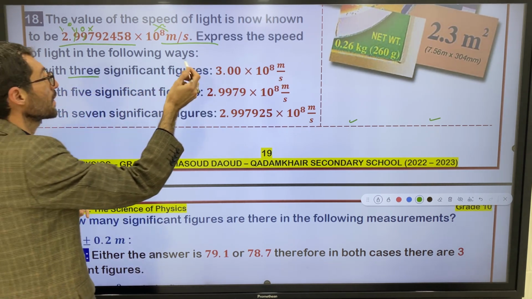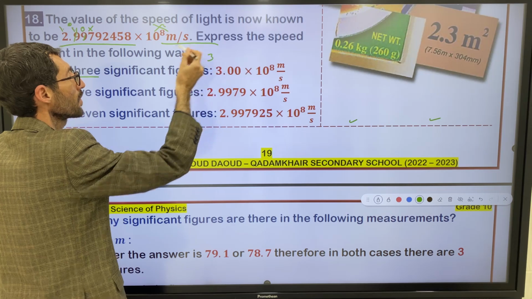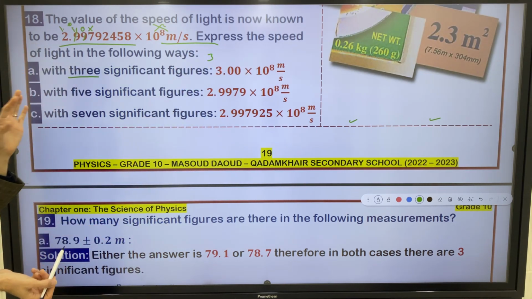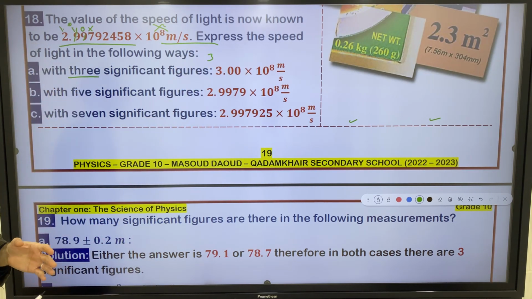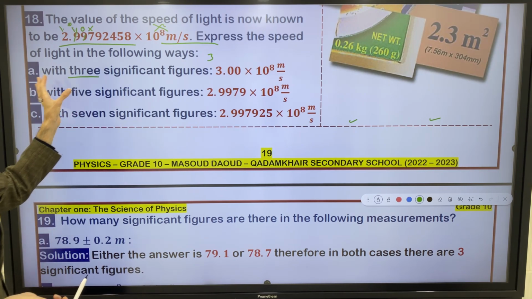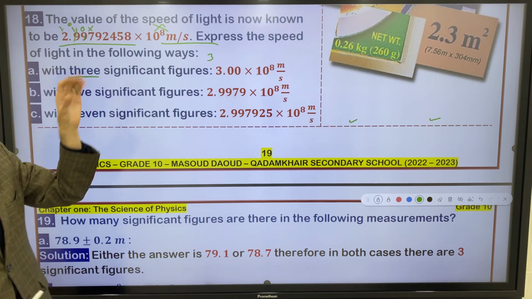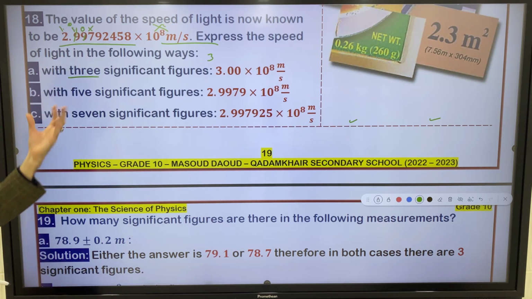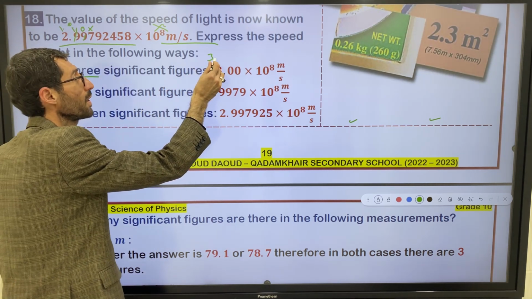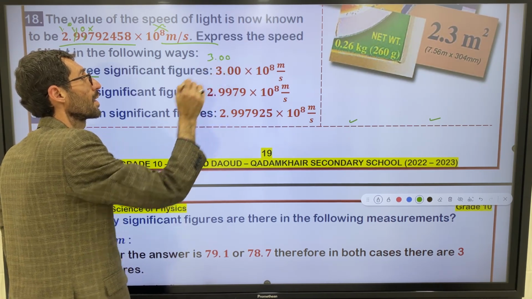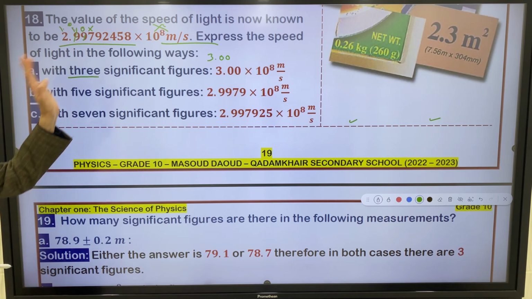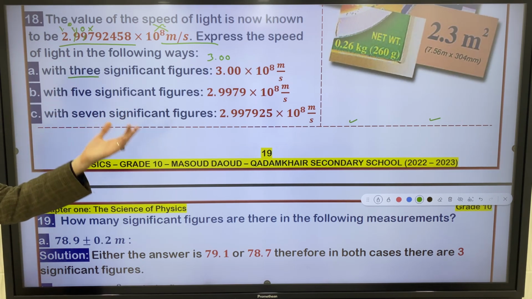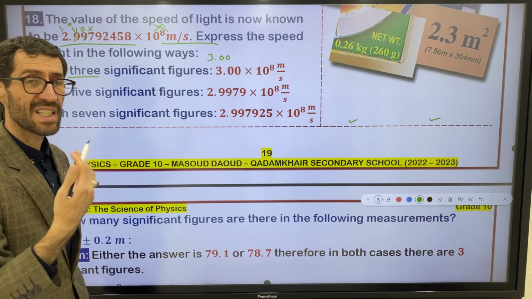If I say the answer is just 3, it's wrong, because it's a 3 significant figure answer. So how do I make it 3 significant figures? Just by putting a point here and putting 2 zeros after the decimal point.